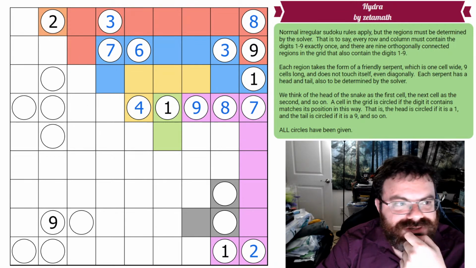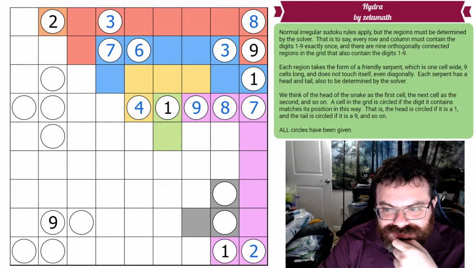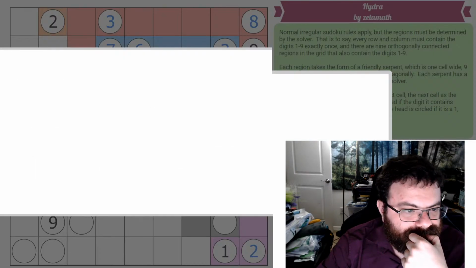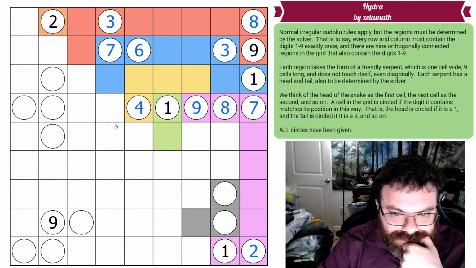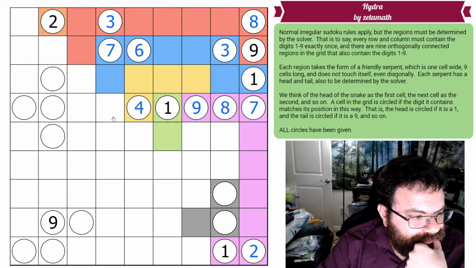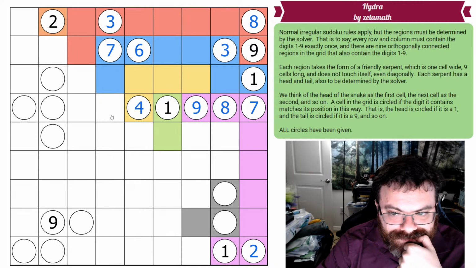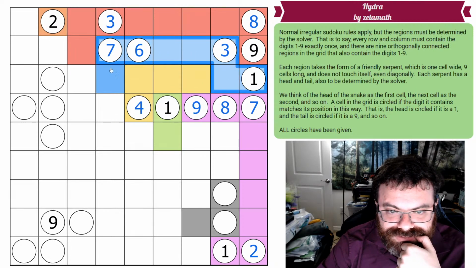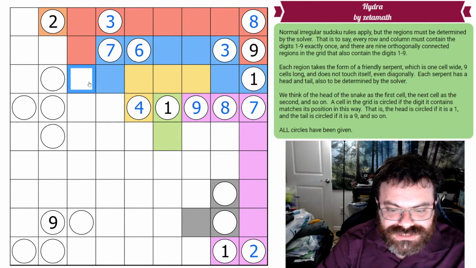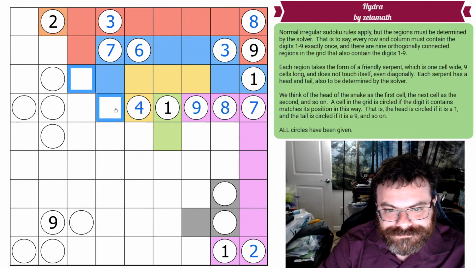I don't have the pen tool. I'm not using the test app, so yeah, I don't have the pen tool. One, two, three, four, five, six, seven, 8. So blue is going to extend here or here and then be done.